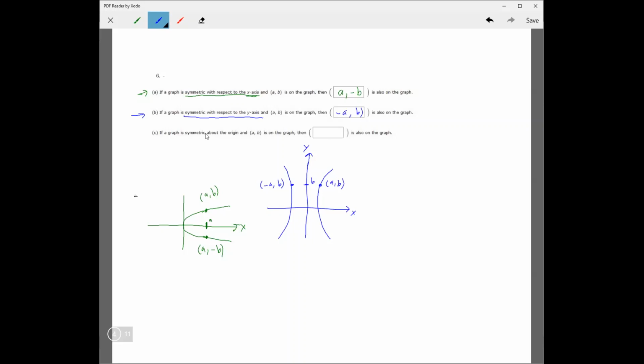Okay, through the origin, that one is where you replace both of them, so negative a and negative b. And maybe an example of that would be, let's say you had something like this, then you had a point right there. Symmetric through the origin means that if you go down like that, well, I didn't quite draw this really good down here. Let me make a second attempt at that.